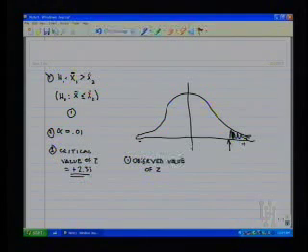Pardon? Does anybody else say 0.001? What does somebody else say? 2.46. Does anybody say 2.46? You said 3.36? 3.46.